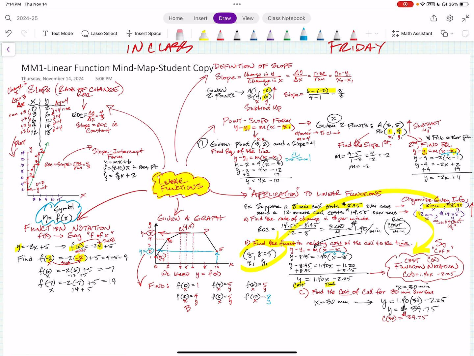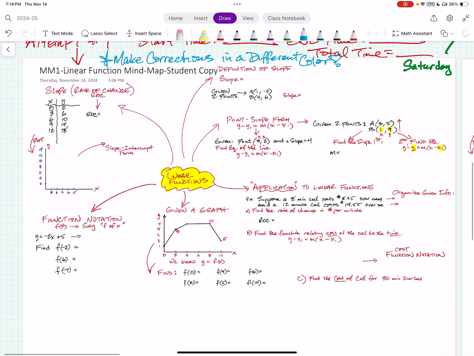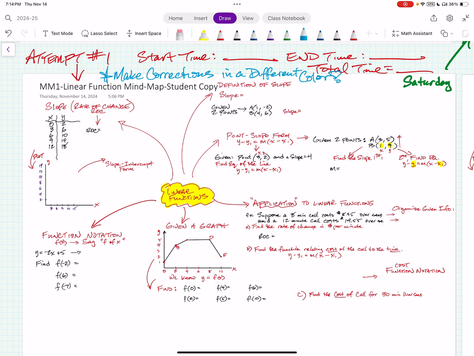And so what you need to do, one time each day, and it doesn't matter what time of day you do it, is practice. So the next one here is going to be tomorrow on Saturday, and you're going to record your start time, end time, total time, and you're going to make corrections in a different color to find out two things. You want to find out what you know and what you don't know.